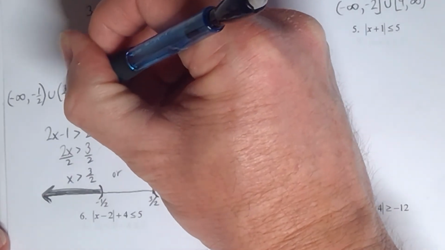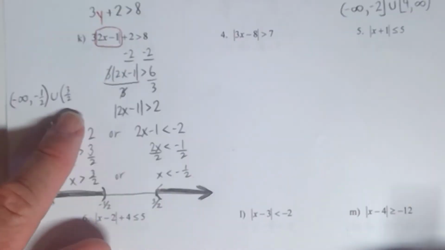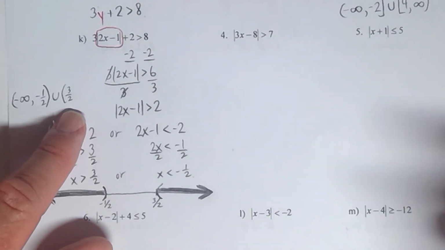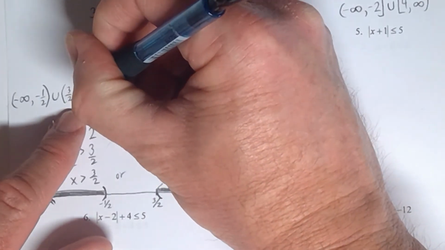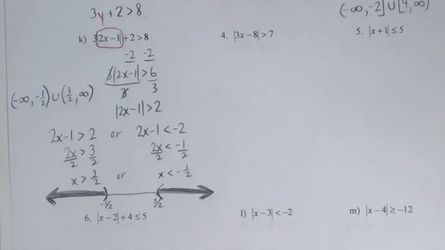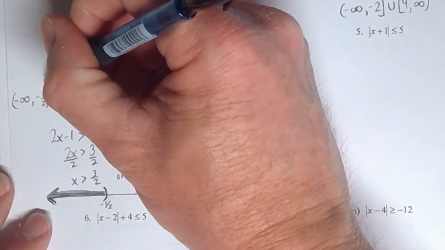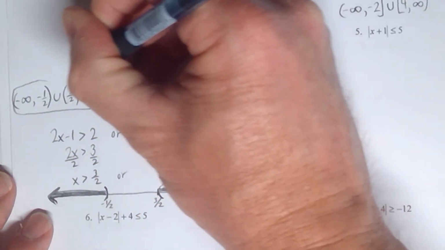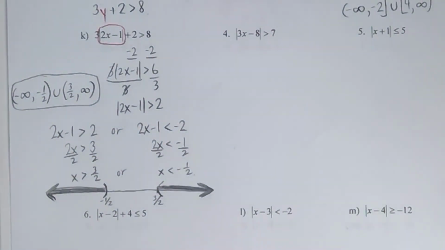Then we start back up again at 3/2, and we go all the way to infinity, don't we? Like that. And there you go. So that is rules 3 and 4.